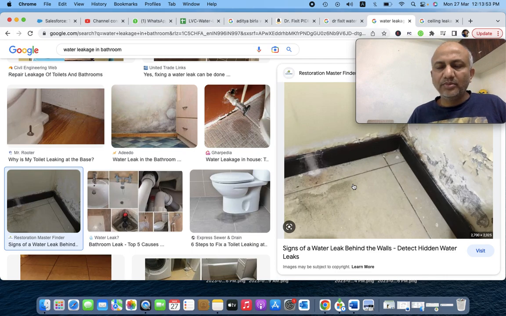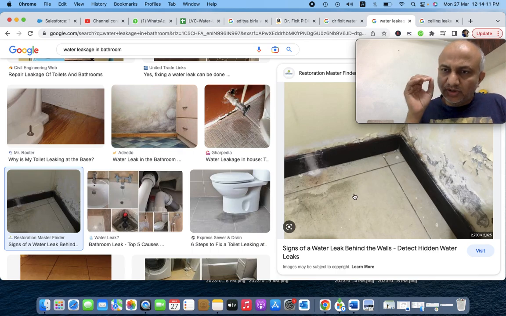Today the problem is small, tomorrow it might grow. Many times, due to heavy usage of the bathroom or heavy items, maybe something like a cylinder, tiles get damaged, they develop cracks, and water starts seeping from that particular crack.